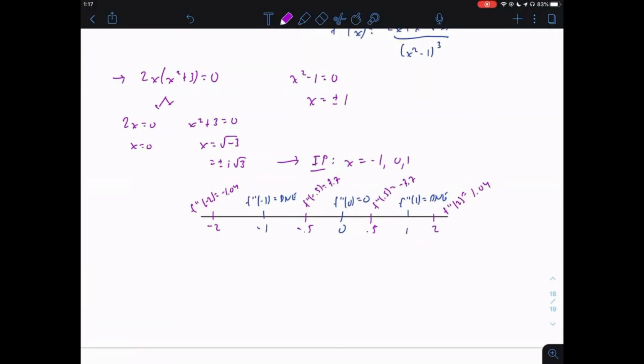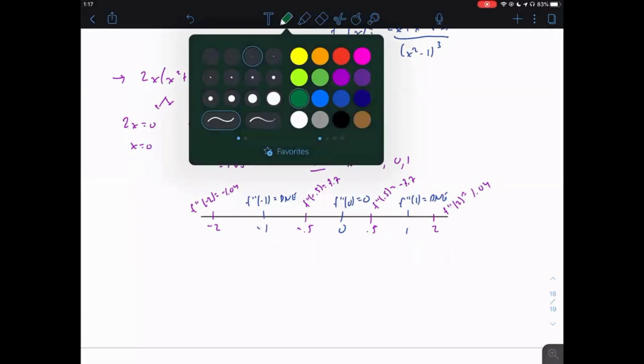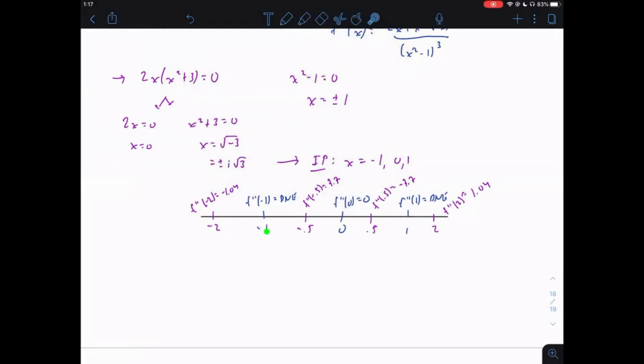Okay, so what do we see here? Before the first inflection point at -1, our function is concave down because the second derivative is negative. But afterwards, the second derivative becomes positive after -1, which means our function starts to concave upwards.